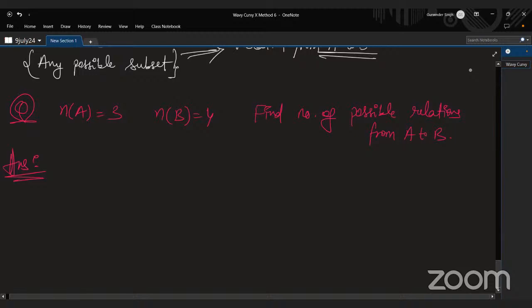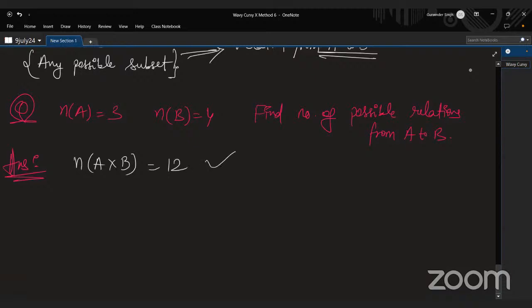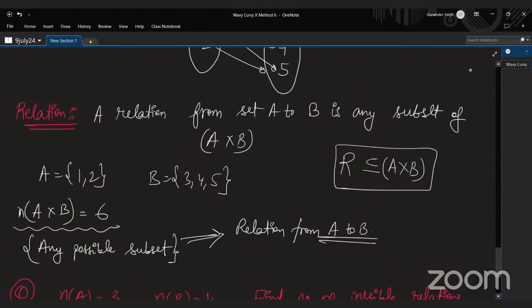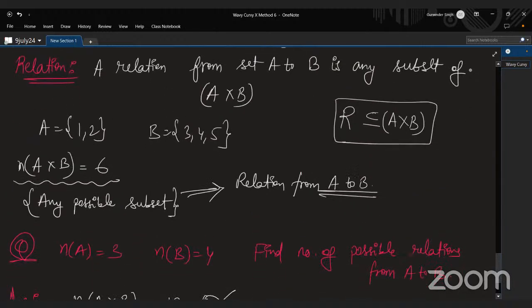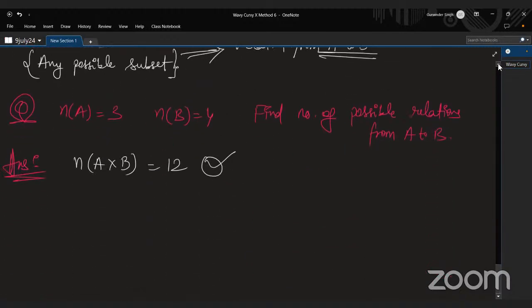No. 12 is, see, I'm not asking you the number of elements in A cross B. That is 12 for sure. I am asking the number of possible relations. What is a relation? Relation basically means you have taken this A cross B, so any possible subset of it is a relation. So basically it will be the possible number of subsets of this set.